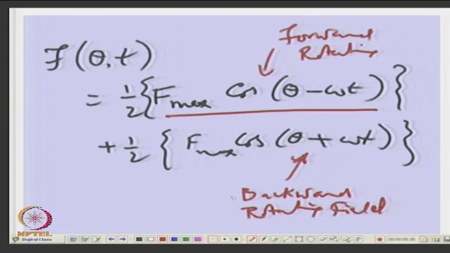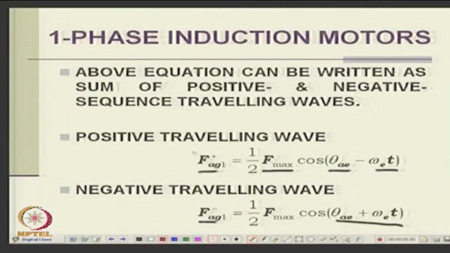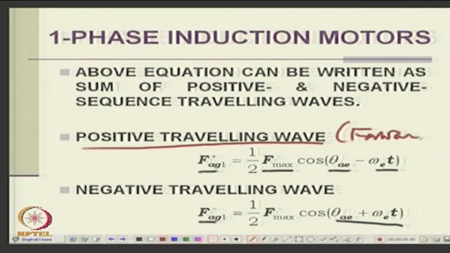Right? One is a forward rotating field and the other a backward rotating field. Okay. So, you represent this as a positive travelling wave or a forward wave. Okay. Another, a negative travelling wave or a backward wave.